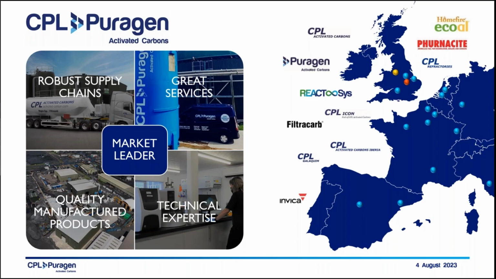Onward distribution into neighbouring markets is provided through logistics centres in France, Germany and Italy. Being market leaders in a number of key segments is a direct result of the technical expertise provided by the large team of chemists, engineers and chemical engineers. By combining this expertise with our in-depth industry knowledge, CPL Purigen's progression into innovative and sustainable technologies and products is well guided.